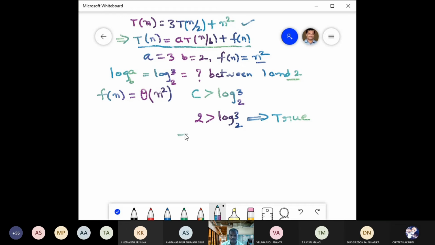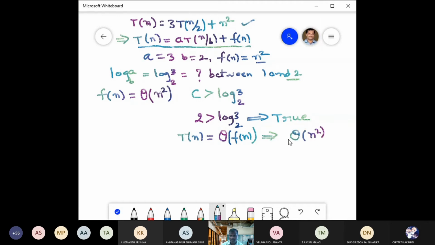T of n is theta of f of n. So f of n is n square, which is theta of n square.